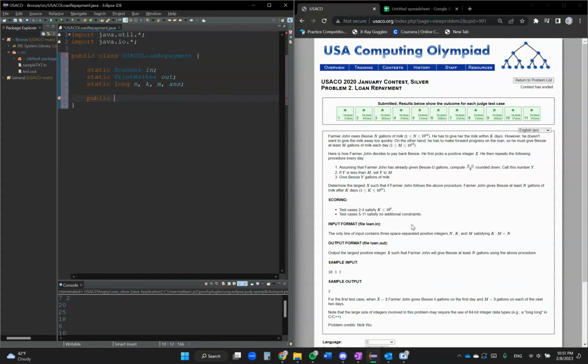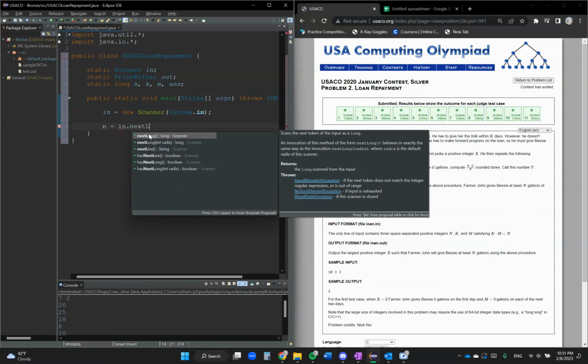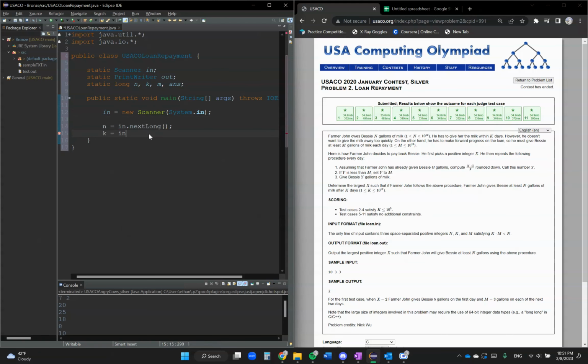So first, I'm just going to create the standard algorithm for a binary search. You have to initialize the scanner. For now, for debugging purposes, I'll set it as system.in and n equals in.nextLong, k equals in.nextLong, and m equals in.nextLong. So that's basically the initialization, and now I'll get to the binary search.